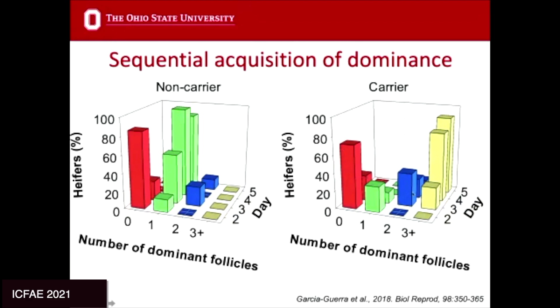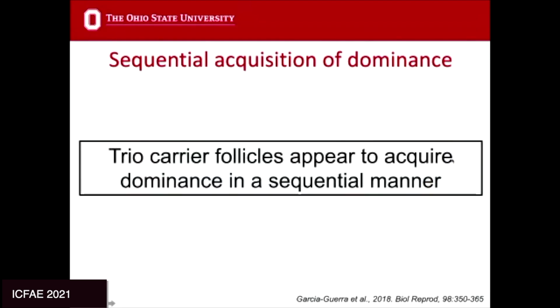And then we have in the initial days a distribution with animals that have a single, 2, or 3 dominant follicles. But by the time we get to day 4 and 5, the majority of animals have multiple dominant follicles, which led us to the conclusion that our hypothesis was correct in the sense that trio follicles acquire dominance in a sequential manner rather than all of them at exactly the same time.